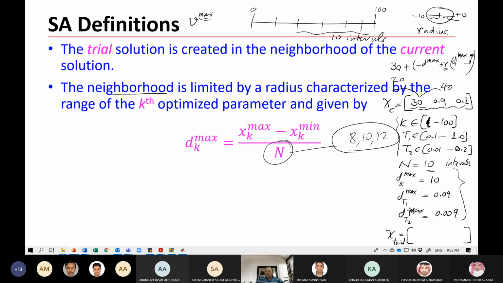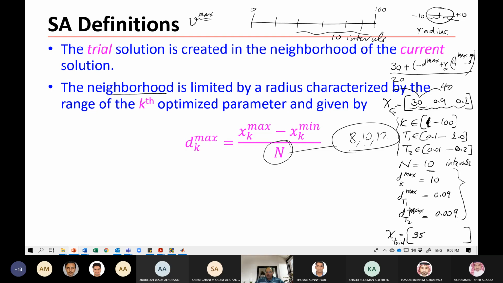If a 10 plus 30, it goes to 40. So you can disturb this current configuration, current solution, to create a trial solution in such a way. So you can generate here like 35.